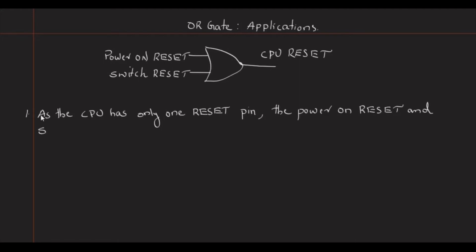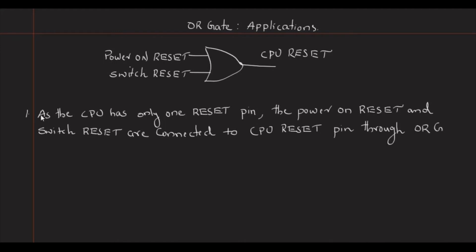When the power is switched on, the CPU is reset. During operation, the operator can also reset the CPU through a switch. Therefore, the power on reset and the switch reset are connected to the CPU reset pin through an OR gate. The next application is that OR gates are used to select data input for a shared bus.